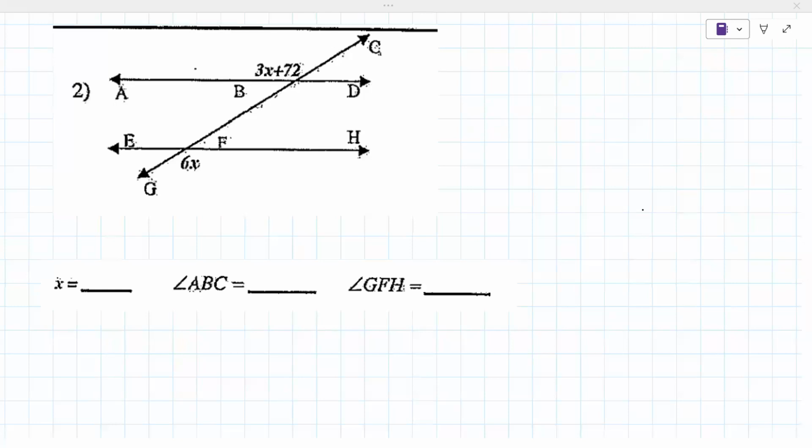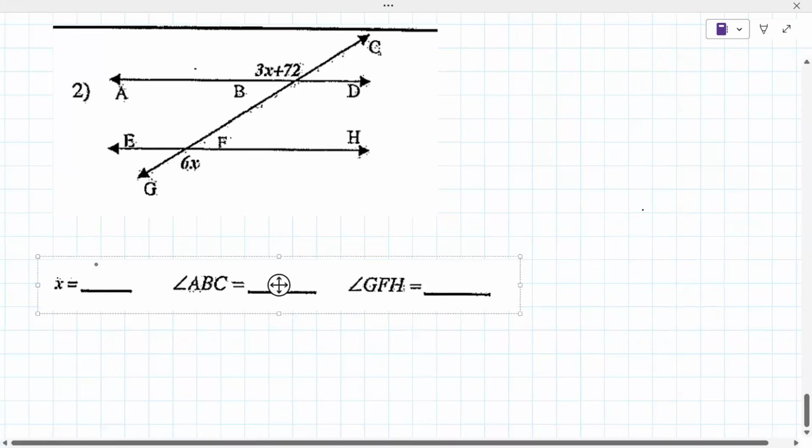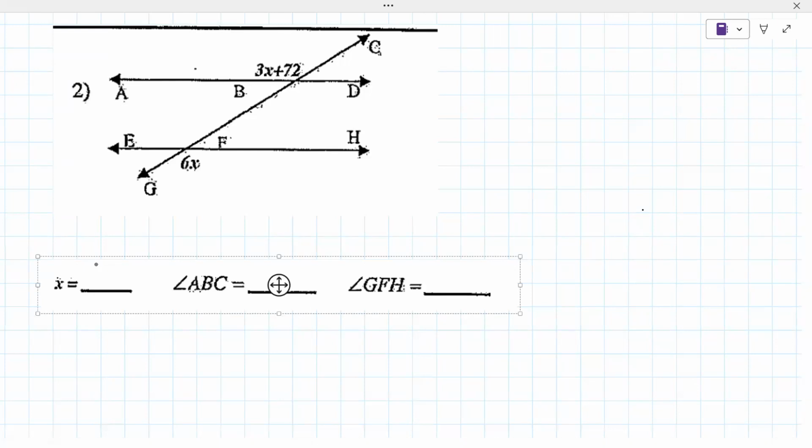I got x equals 24, but when I plug them back in, that doesn't equal the same thing. Let's take a look here. 24 is correct.